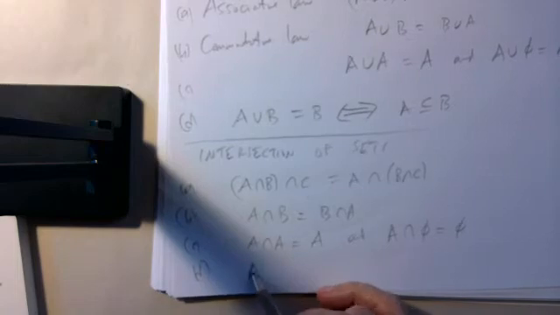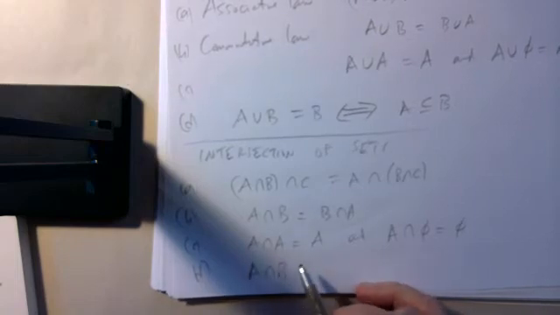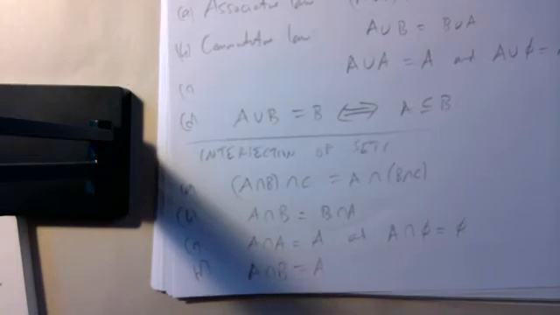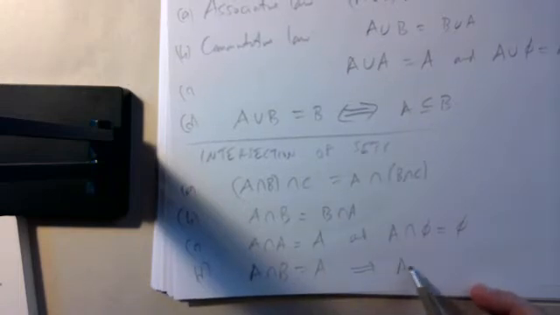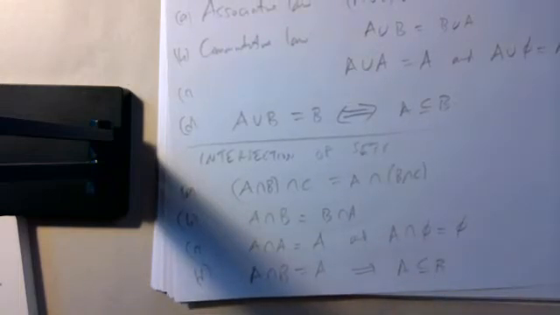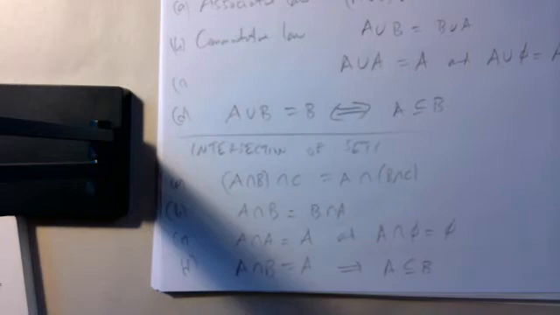And A intersect B equals A means what? This means everything in A is in A intersect B, which means it's in B. So A is a subset of B. If and only if.